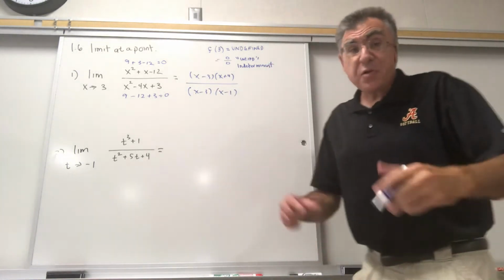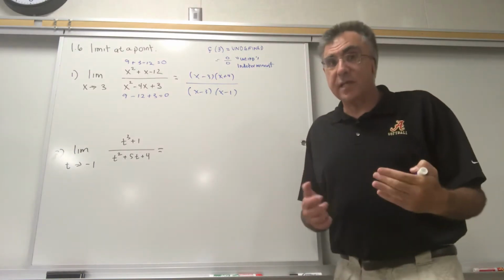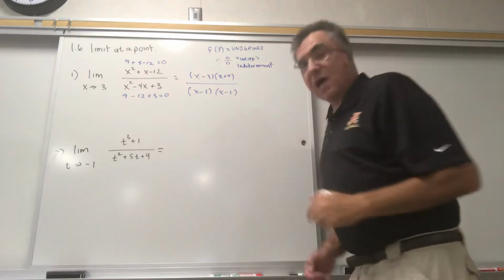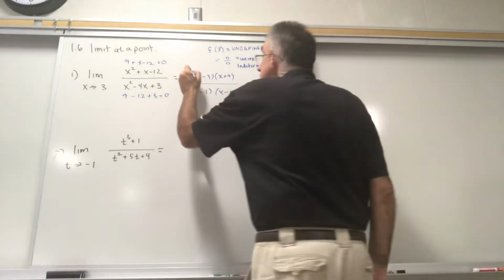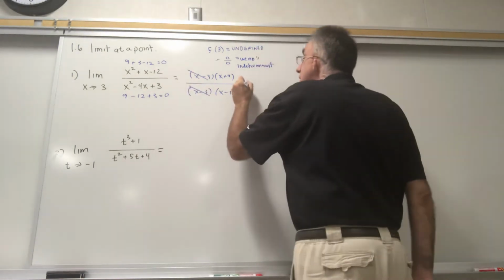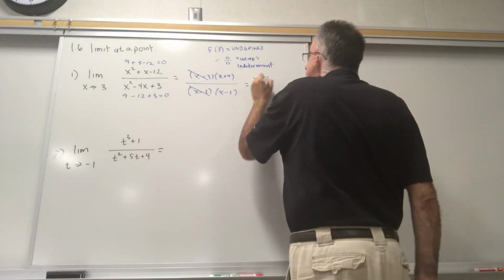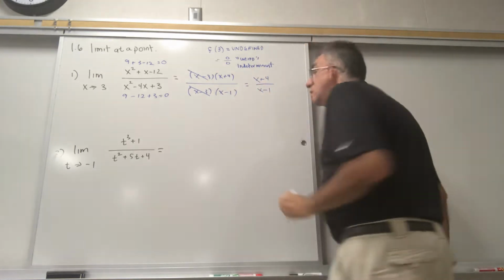And if you remember, you've done this in algebra, so this isn't like a new idea. In other words, algebra kind of leads up to the calculus. We're going to use lots of algebra in calculus. But what we're going to do is cancel this out. And we're going to just get x plus 4 over x minus 1.